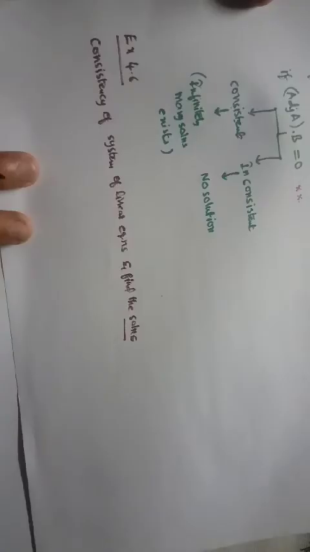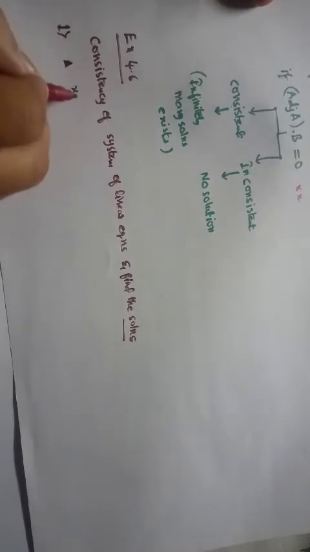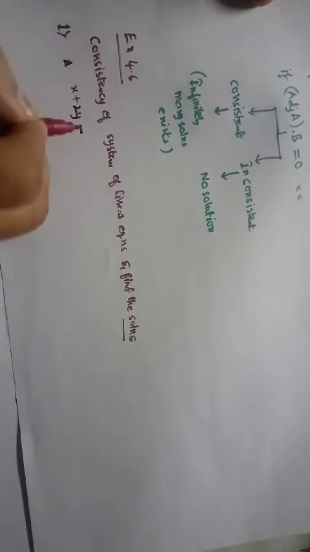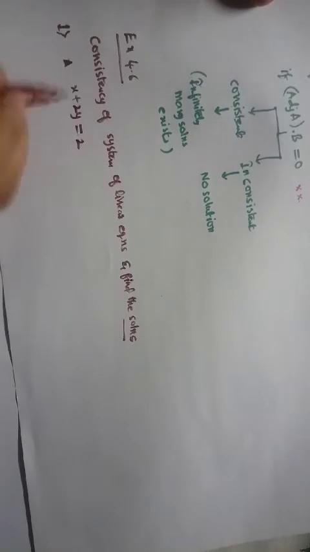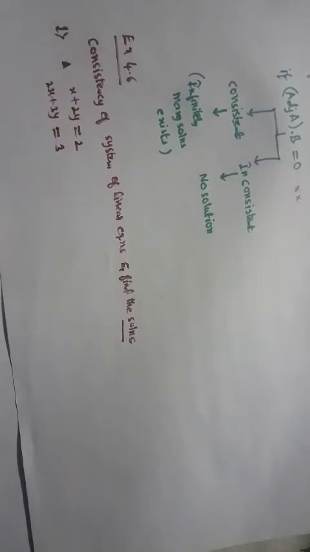So we'll see the first, a 2 by 2 matrix. The first question is given in this way: x plus 2y is equal to 2, 2x plus 3y is equal to 3. We'll try to understand the question.